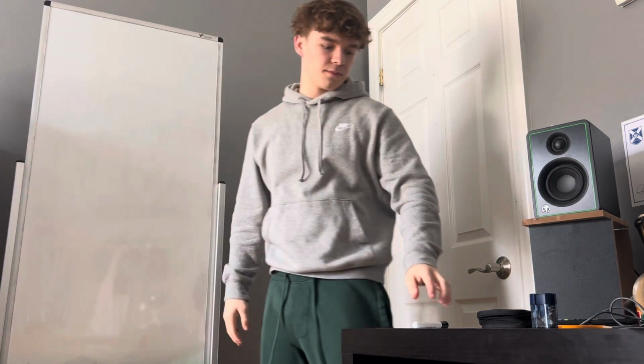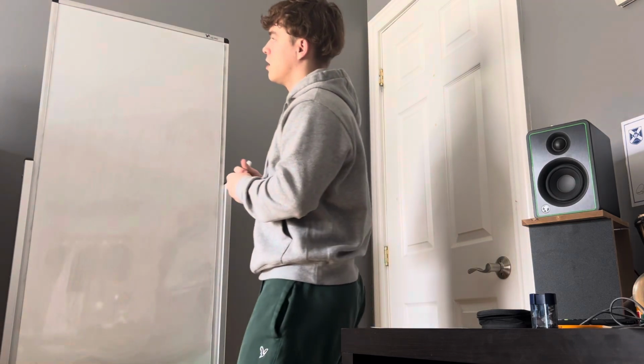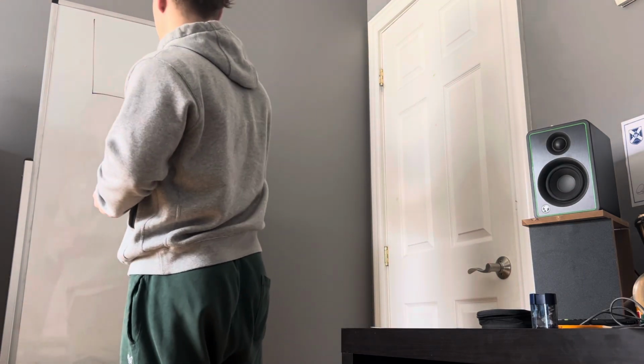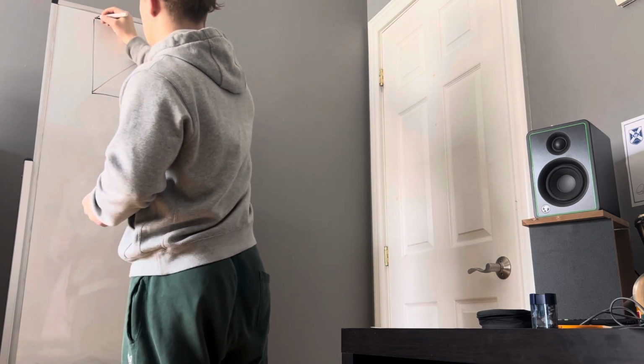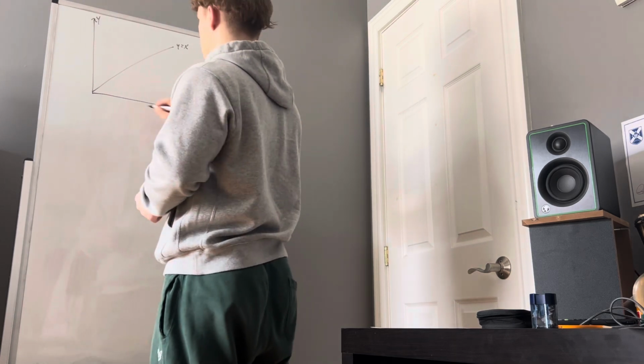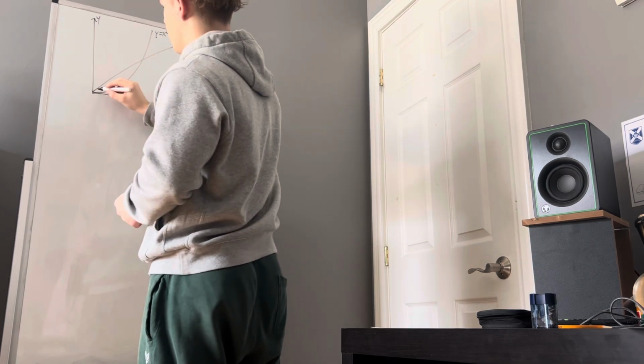Now, let's get into the last part of this video, and that is, what if we had y equals x, but we also had y equals x squared, and we wanted to find this area?